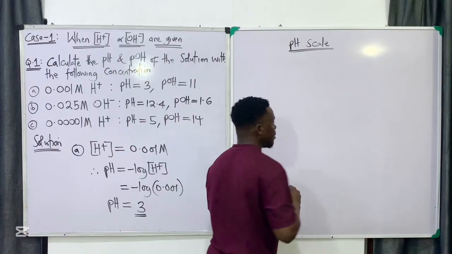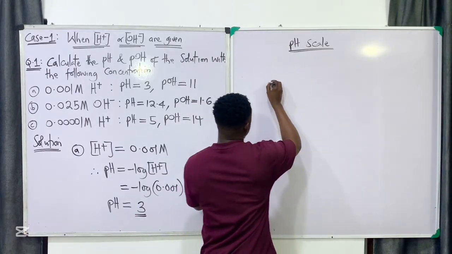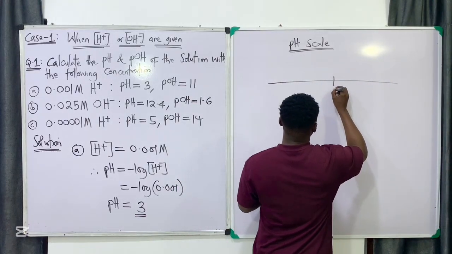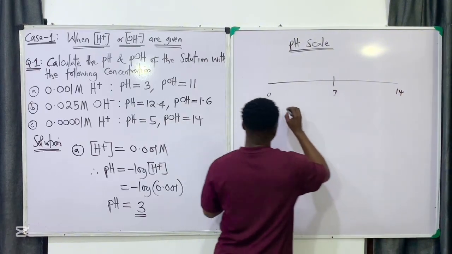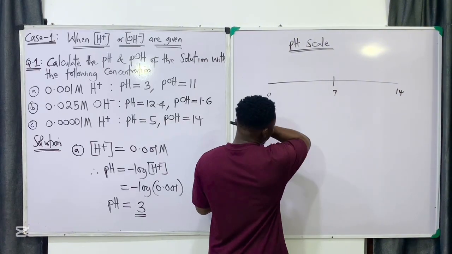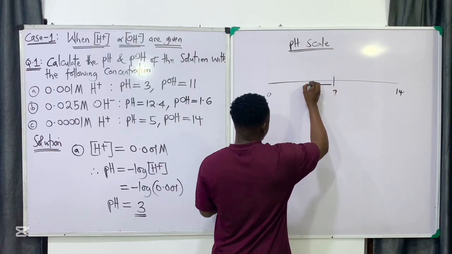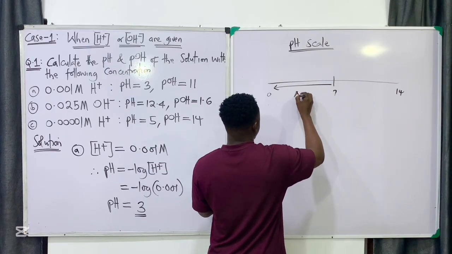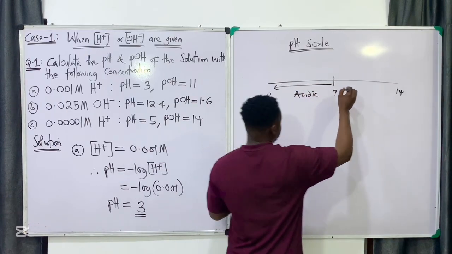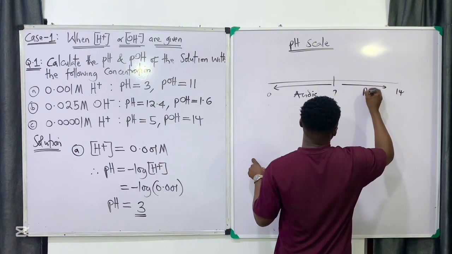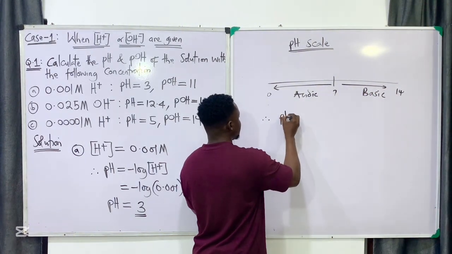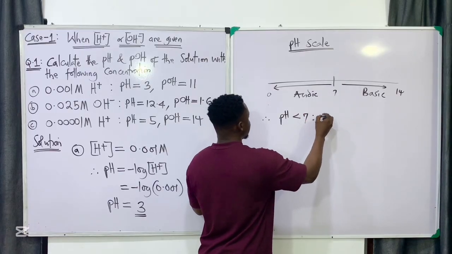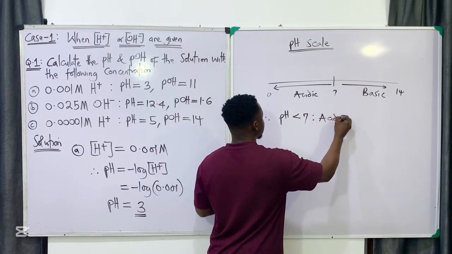Now let's talk about the pH scale. Let's say this is 7, this is 0, and this is 14. This side is acidic. If I have a pH less than 7, that is acidic.